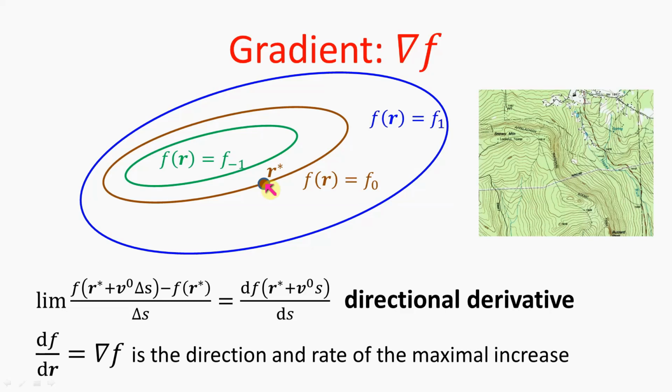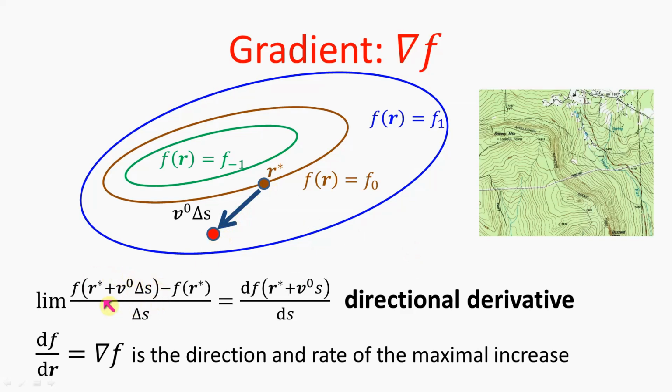Let's consider point R star, and let's move a little delta s in direction of unit vector v0, so we shift our original point to arrive at this red point where the temperature can be fetched again.